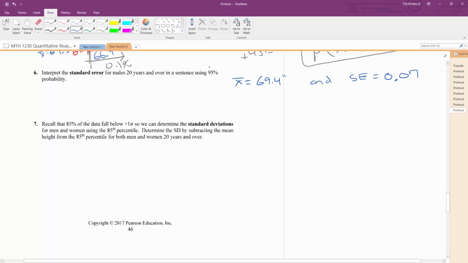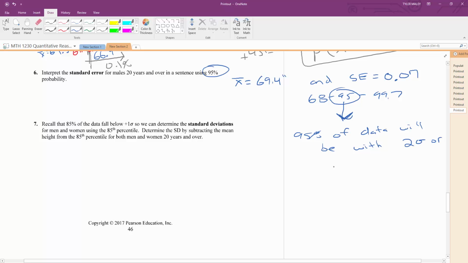So we want to use 95% probability in our data. Immediately you should be thinking of the 68, 95, 99.7 rule, the empirical rule. So we're looking at 95%. What we're sure of is that 95% of the data will be within 2 standard deviations, or in our case 2 standard errors.